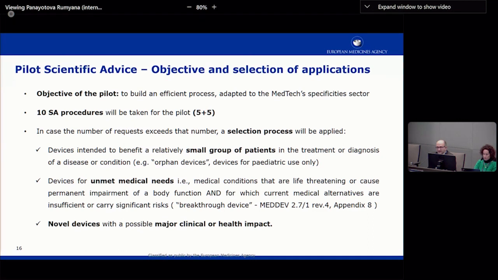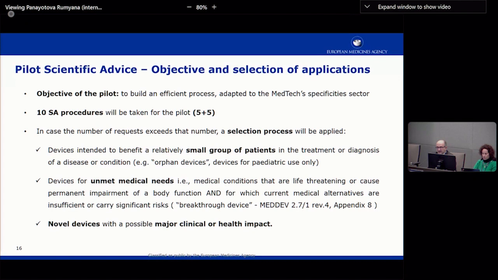So we've decided to take, during this year, 10 scientific advice procedures in 2 phases. First we'll take 5 pilot projects, and then after September we'll take another 5, depending on adaptations that are needed.